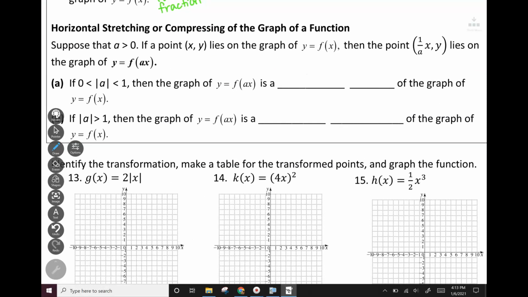All right, now let's look at horizontal stretches and compressions. Suppose that a is greater than 0. Okay, it's a positive number.